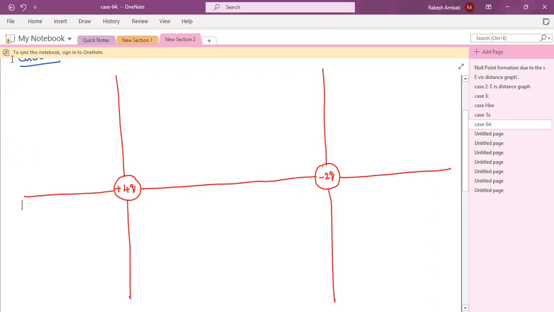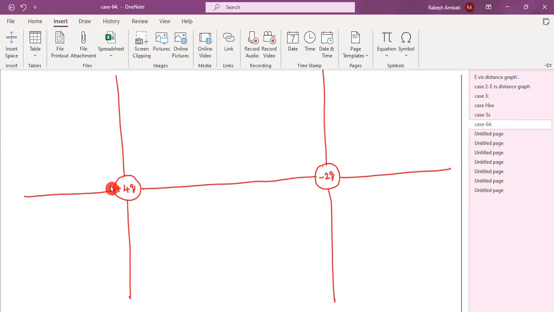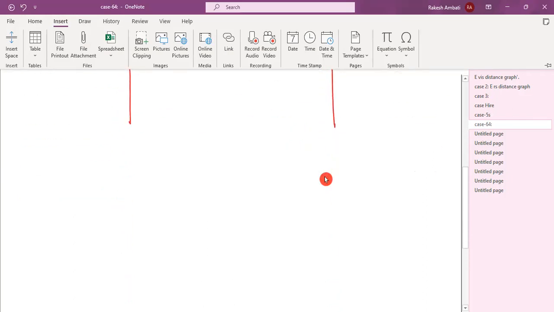First of all, what are the important points? See here, it is a positive charge and it is a negative charge. So one is a positive charge, one is a negative charge, which means both are unlike charges.